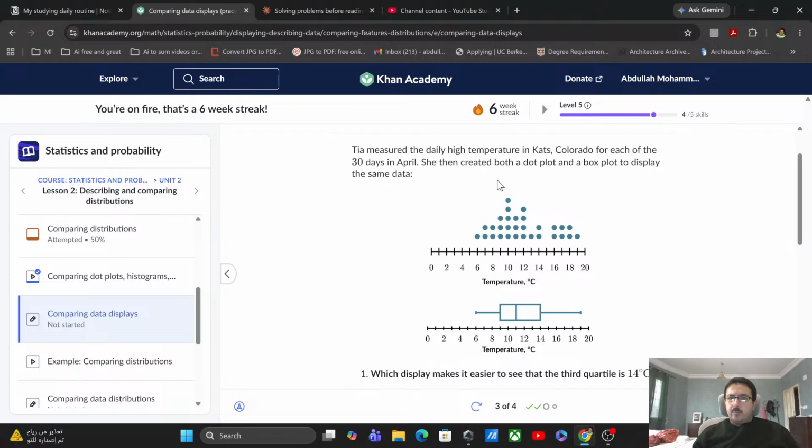We then create both displays of the same data. Third quarter is 14. What does that mean?